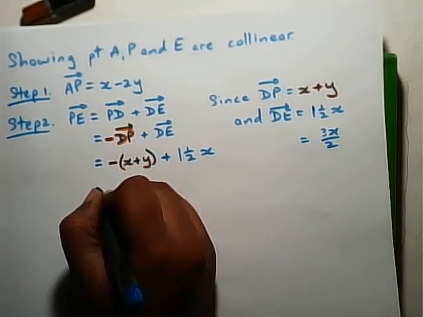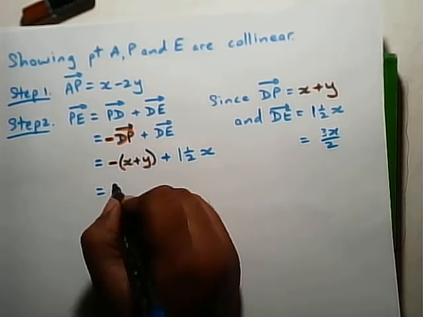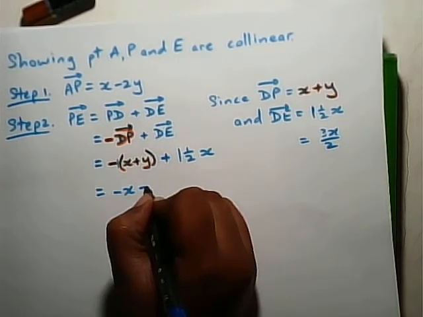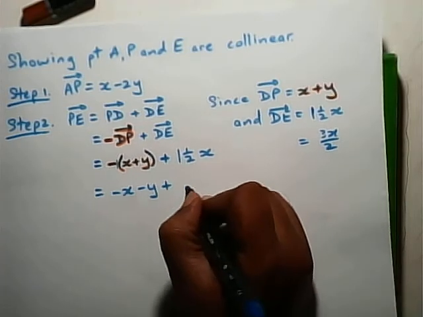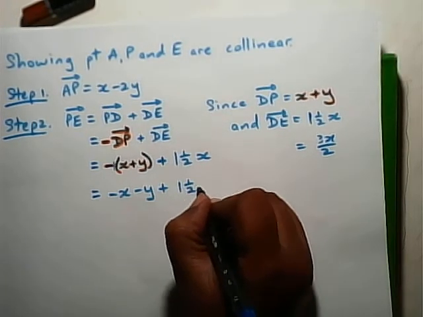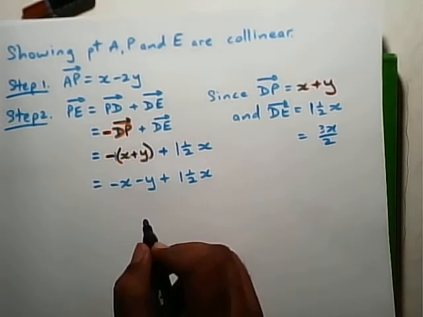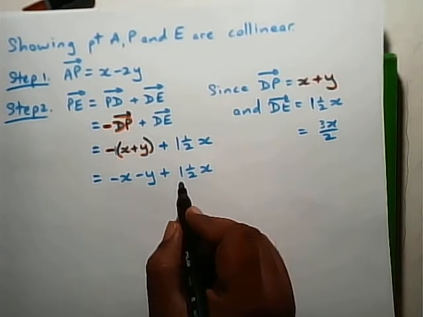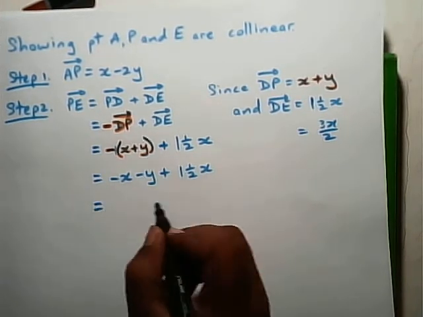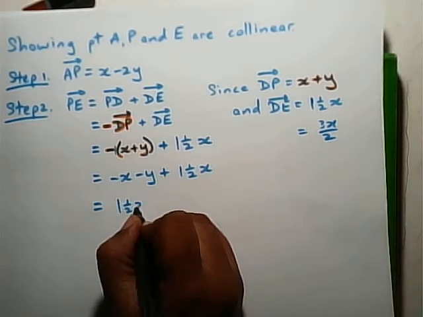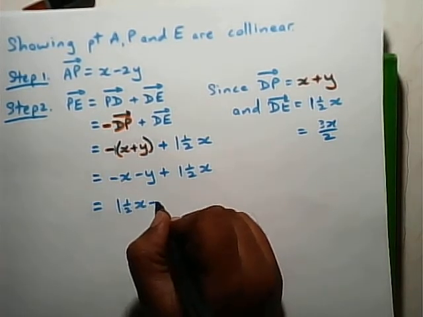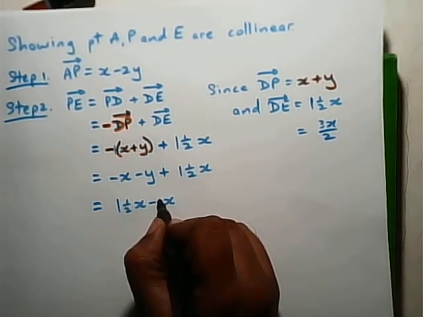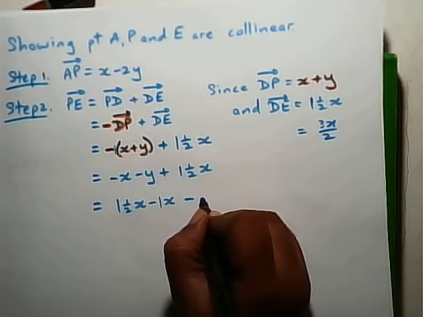Time to simplify this. A minus outside the brackets is like a minus 1 outside the brackets. That'll give you a minus x and a minus y plus 1.5x. Let's group our like terms. I'm going to put this 1.5x up in front. 1.5x take away 1x, and then take away 1y.